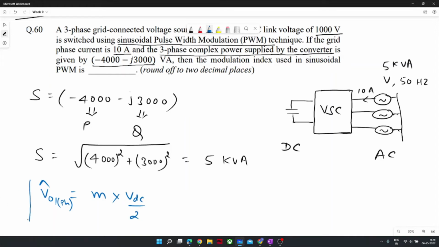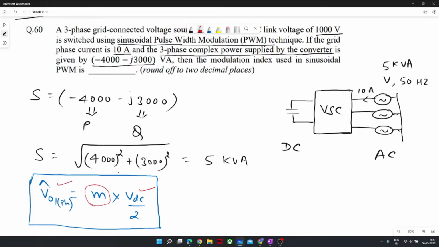This formula is very repetitive. It has been asked in GATE multiple times, so you should keep this in your mind. For that purpose, we need to compute this M. VDC is given, but V naught 1 phase is not given, right?